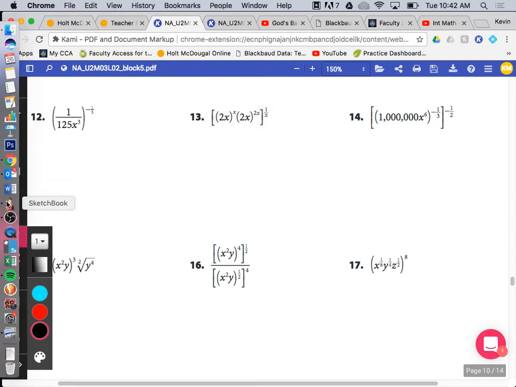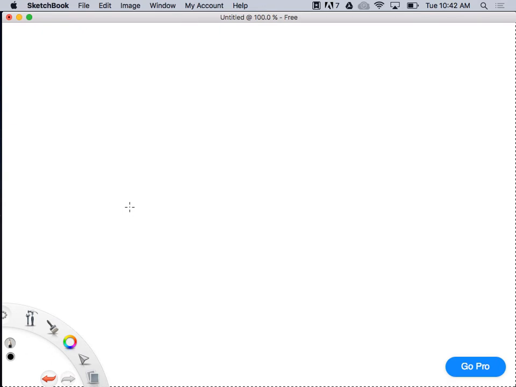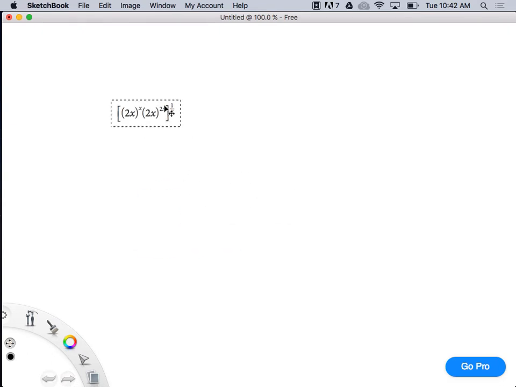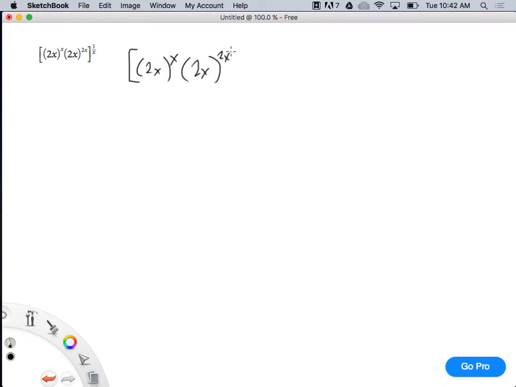5x. The answer to this was 5x. Let's pay attention. Now this one. Whoa, this looks super different. I have the exponent of a power, but even before that, look what I have. I have the same bases, 2x to the x and 2x to the 2x, right?